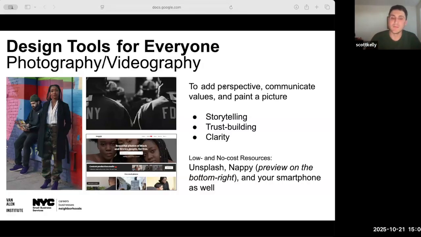There's something inherently compelling about a portrait that we all resonate with. But sometimes a photo on our phone of a storefront or of a street scene can fall a little flat, and those are moments where you can see the difference in a professional approach versus not.